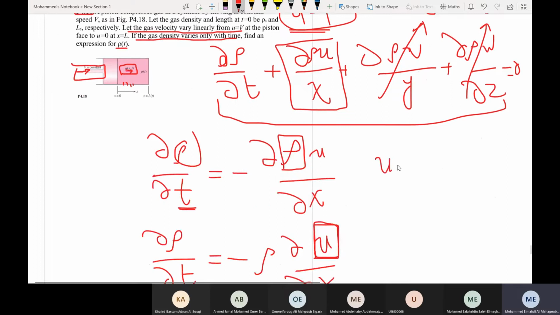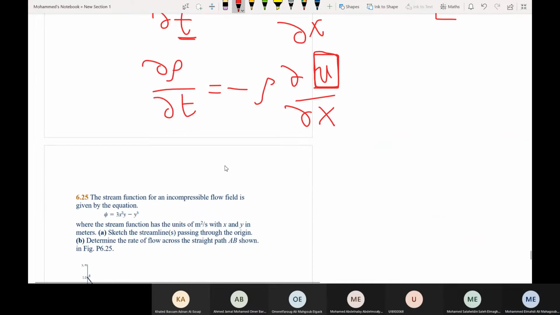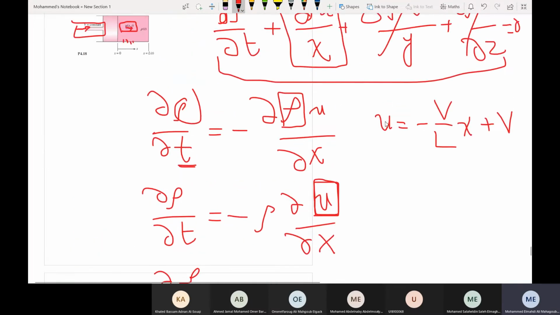So now I have the expression for the velocity: u equals minus v over L, x plus v. This is the expression for u. Now let's substitute into partial rho by partial t equal to minus rho partial u by partial x. Derive u with respect to x.